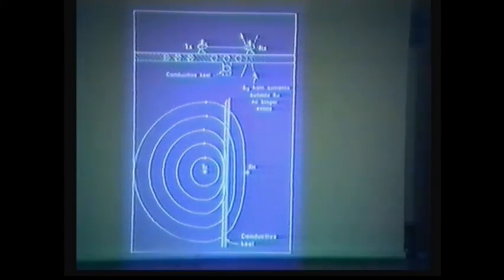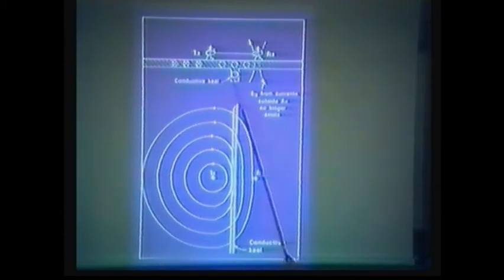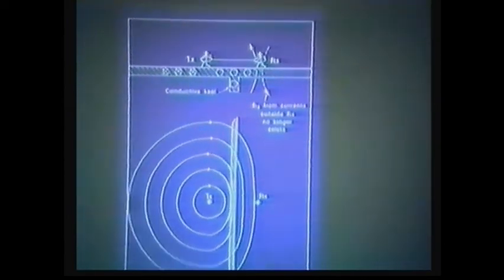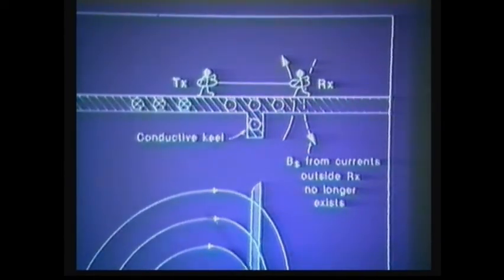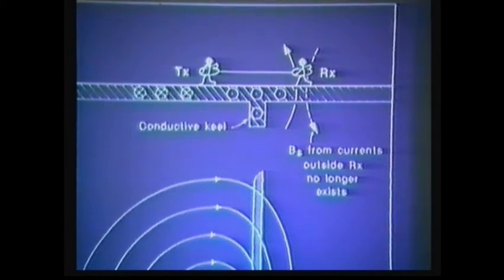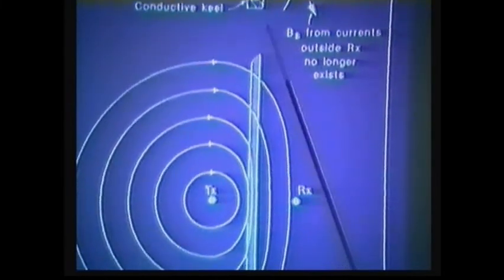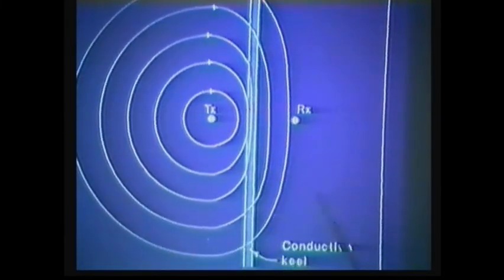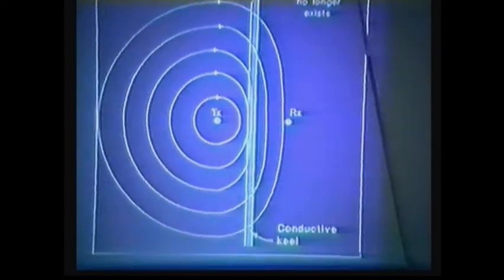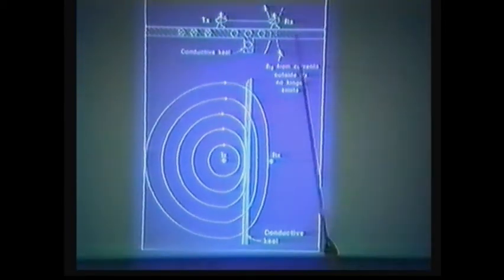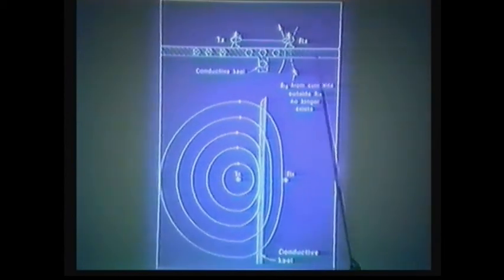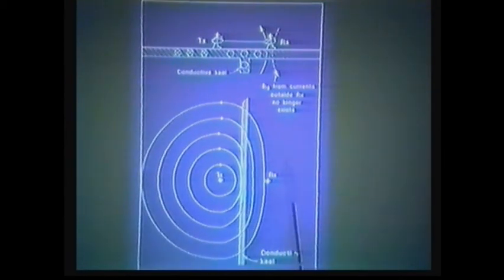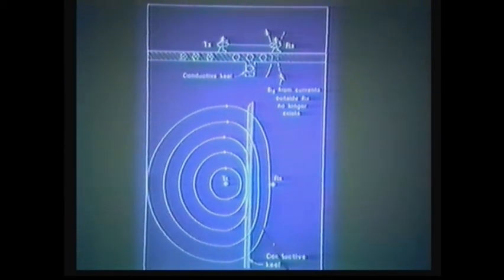A problem occurs, however, if you have a conductive keel to the overburden. In that case, I've very schematically shown how the currents will be deformed as a result of the conductive keel. And you see that what's happened is that the currents that were out here have essentially disappeared. They're now flowing more or less through the conductive keel.